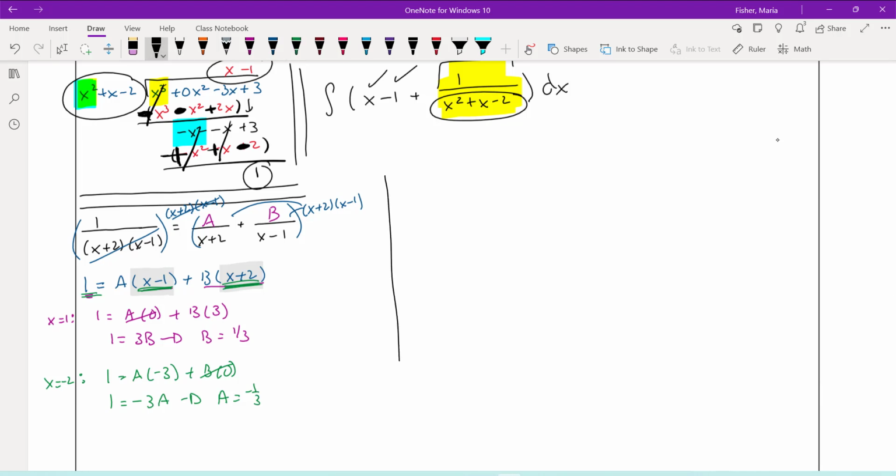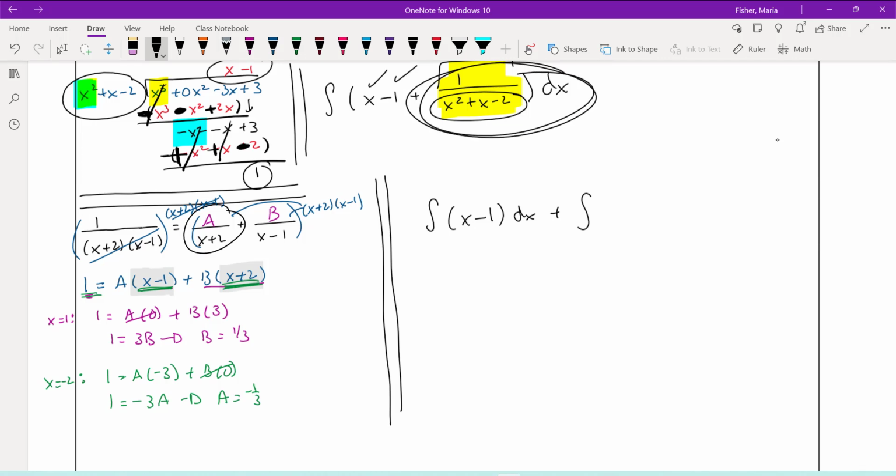If we come back over here to the integral that we started, we have the indefinite integral of x minus 1 dx plus the indefinite integral, worrying just about this guy, it's going to be A, which is negative 1/3, over x plus 2 dx plus B, positive 1/3, over x minus 1 dx.